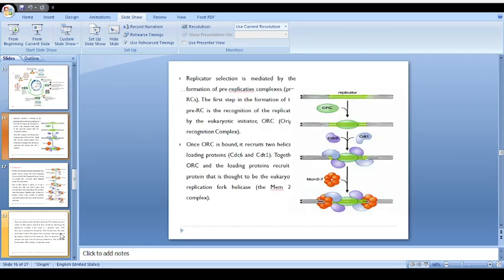The replication selection is normally mediated by, as I already told you, pre-replicative complexes. The first step is the formation of the pre-replicative complex at the site of replication, that is the origin complex.